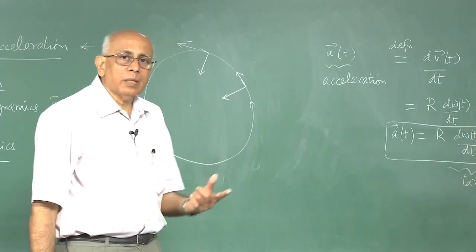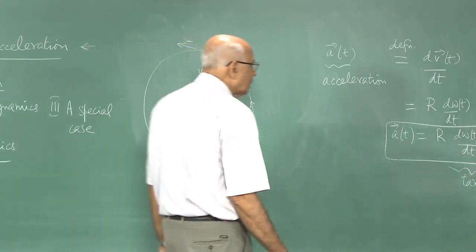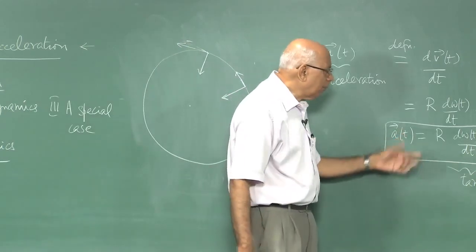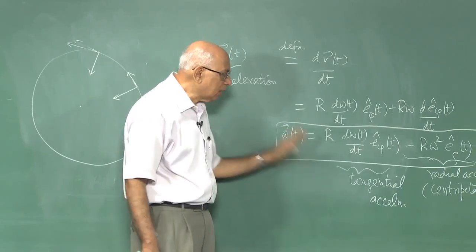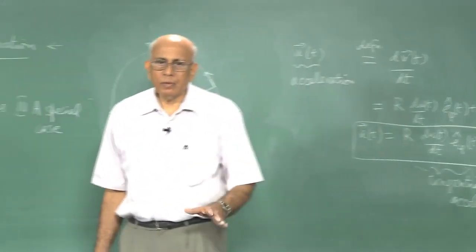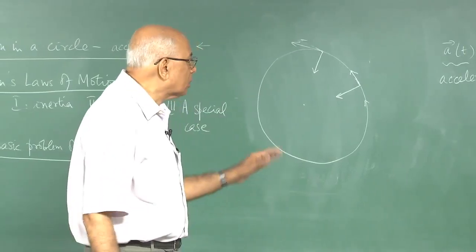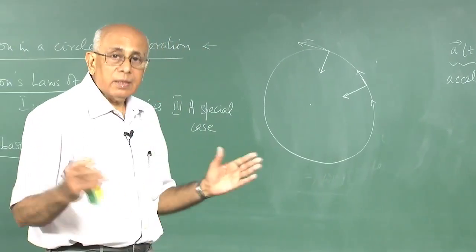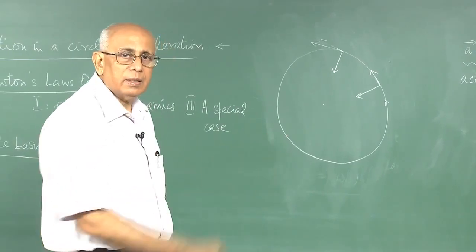There was another term which depended on rho dot and a combination of rho dot and phi dot and so on. But this is what happens if I set rho equal to r, a constant. This is a special case of the more general formula for motion in a plane in plane polar coordinates that we derived earlier, the expression for the acceleration that had several terms, and some of them disappear when rho is a constant, as in this case here.